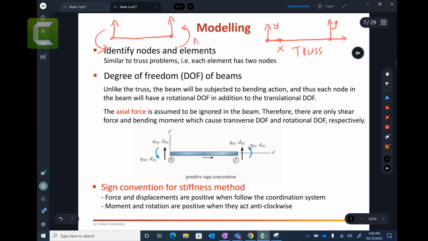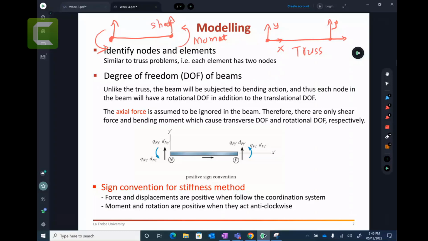That is the moment in the beam, and that is your shear force. Again, there are 2 degrees of freedom for each node. This is a node, and this is another node. What are the 2 degrees of freedom? One is going vertically up and another one is rotating.